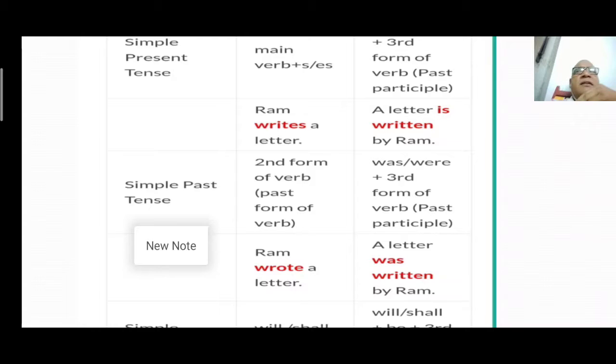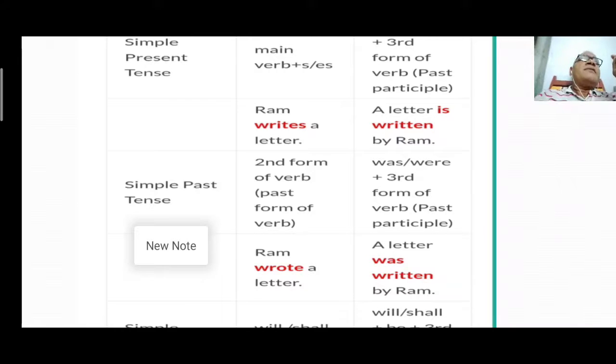We must not forget the agreement between subject and verb. Never forget it. Always we need to follow this rule. There is an agreement between subject and verb every time. Most of the time in entrance examinations also, we need to focus on grammar.